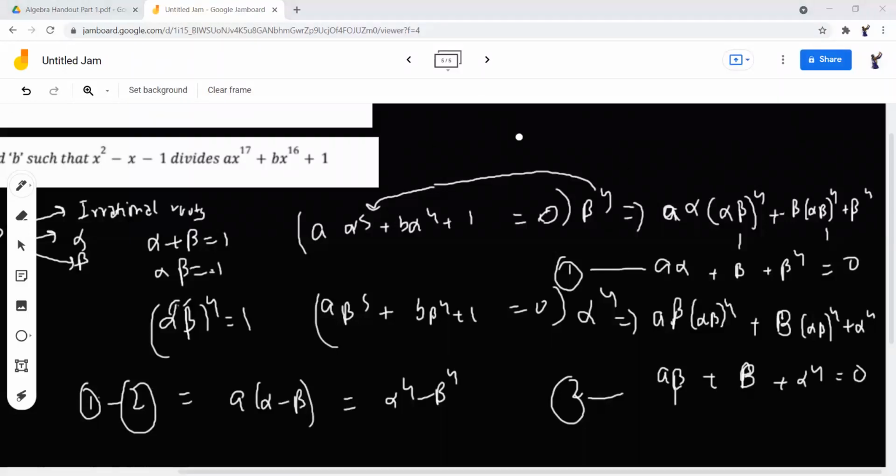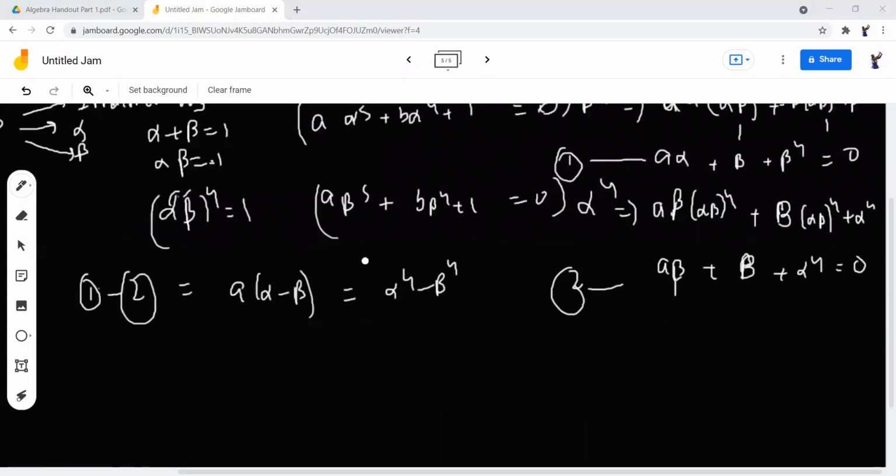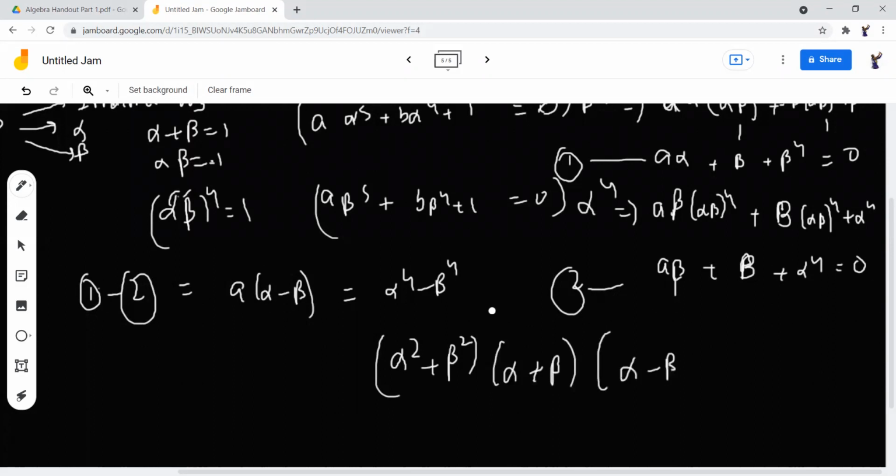Okay. So now when I'm subtracting 1 and 2, I get this. So what is alpha power 4 minus beta power 4? Alpha power 4 minus beta power 4 is nothing but alpha square plus beta square into alpha plus beta into alpha minus beta. So this is nothing but a square minus b square formula, guys.